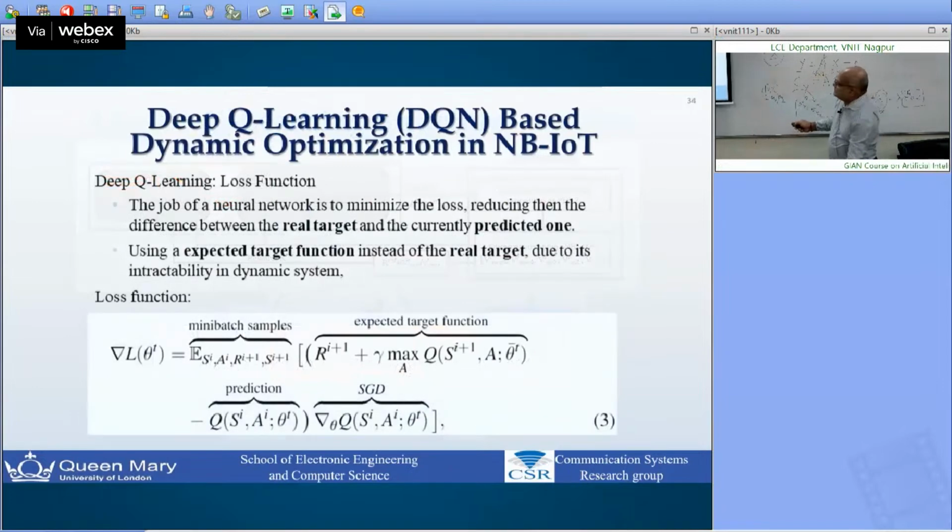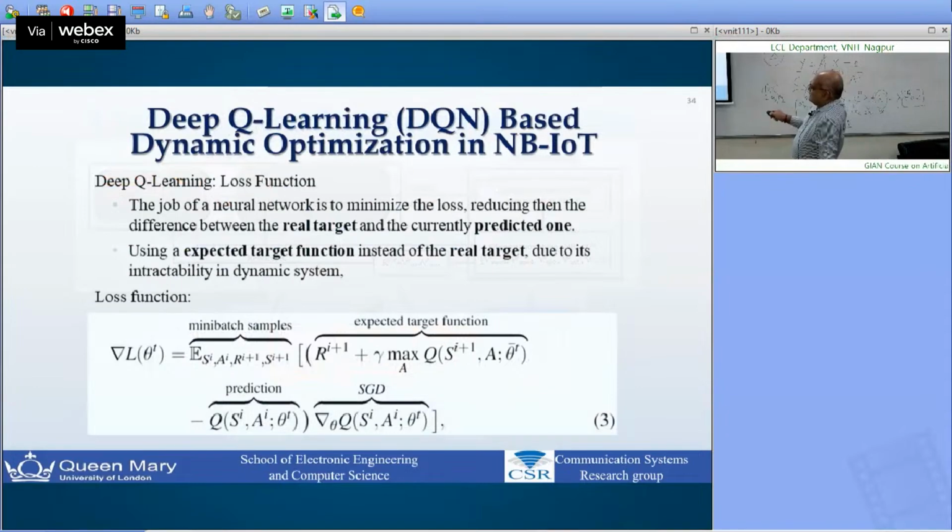So in deep Q-learning, we have the loss function. What is the loss function? The function of the neural network is to minimize the loss. The loss function is the difference between the target and the predicted value. We don't know the real target, so we use the expected target.